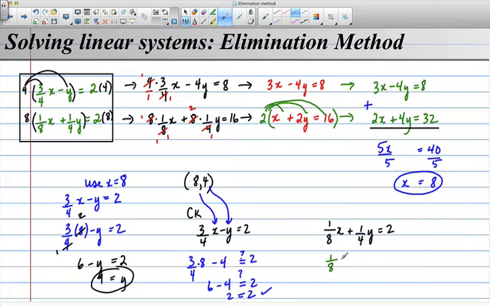So 1/8 times 8 plus 1/4 times 4, does that equal 2? We have 1 plus 1 is equal to 2, and the answer is yes. So we know that the solution to this system is 8, 4.